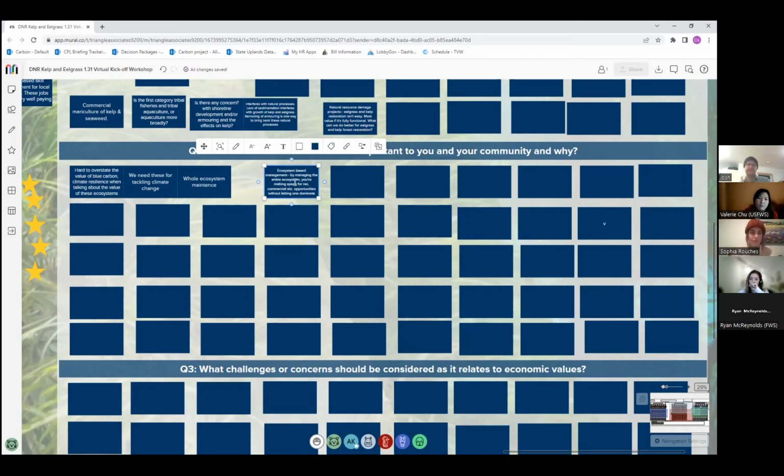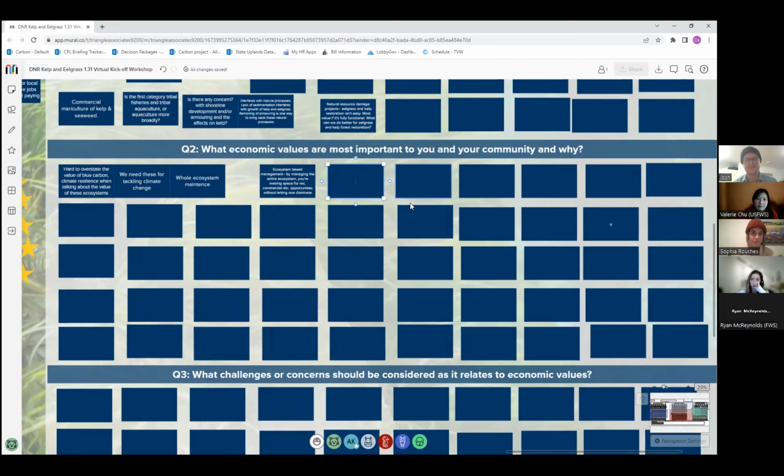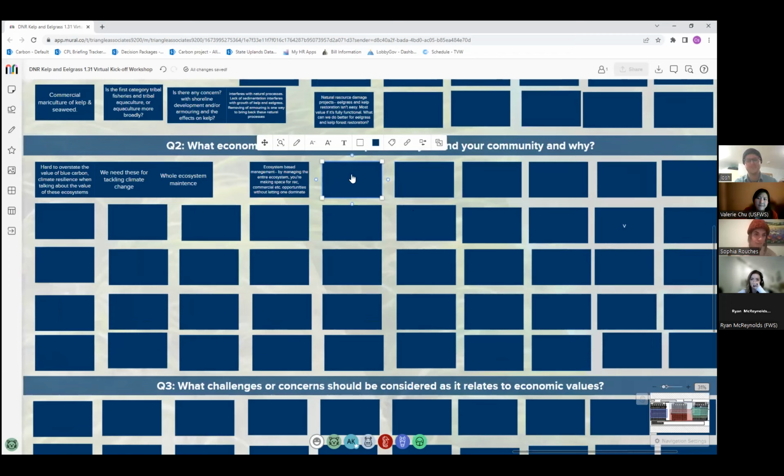Okay. Ecosystem-based management. Also, it sounds like it's kind of like a win-win opportunity to look at this. Valerie? Just adding on to the ecosystem-based management, it's for forage fish, and forage fish, or sand lance and Pacific herring love eelgrass especially, and that's where they lay their eggs.